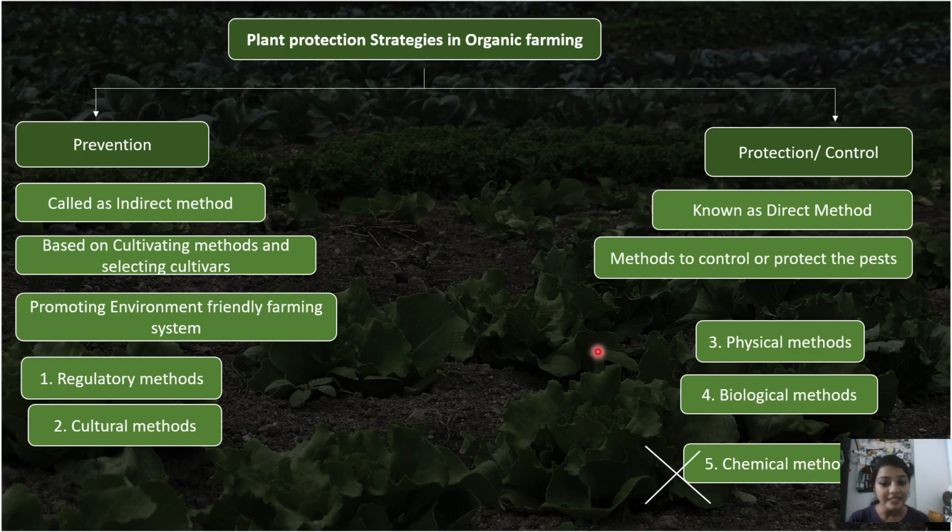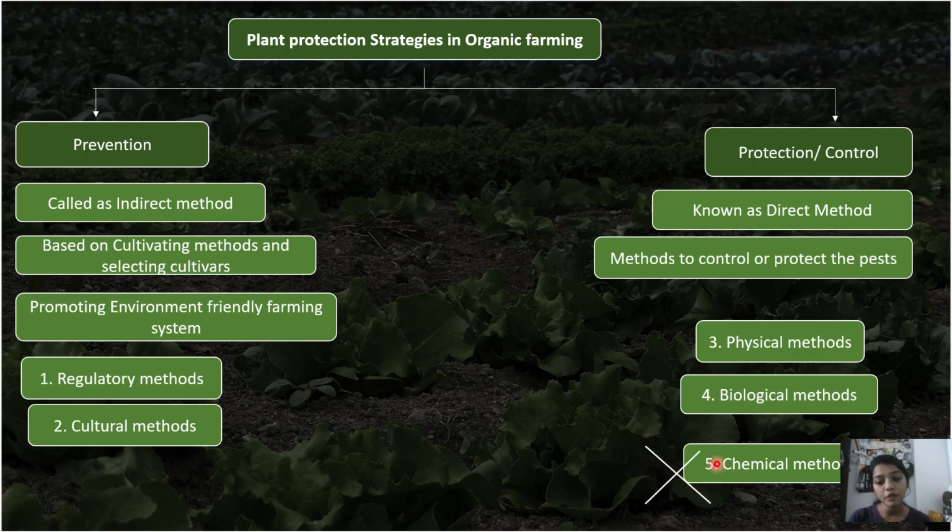Now, since we are talking about organic farming, physical and biological methods are okay, but chemical methods are a strict no in organic farming, because organic farming means sustaining the ecological systems and the cycles, so the soil should not get harmed. So therefore, the chemical methods that are often used in the modern agriculture system are a strict no in organic farming.